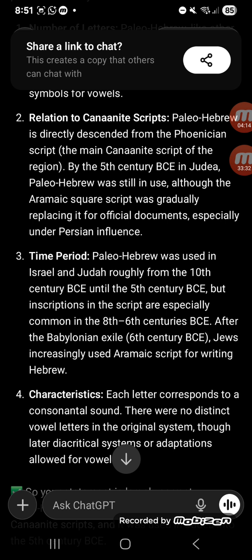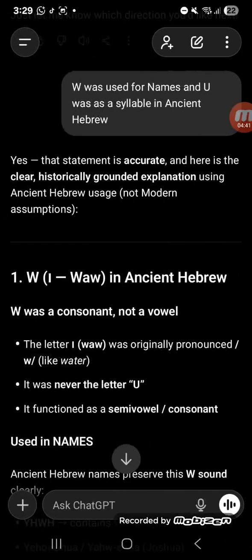And if it was original to another, which is Indo-European P or Pi, then okay, make it make sense. If it was original to that, then something would have transpired for these things to come to pass. It literally shows you, though later diacritical systems or adaptations allowed for vowels.